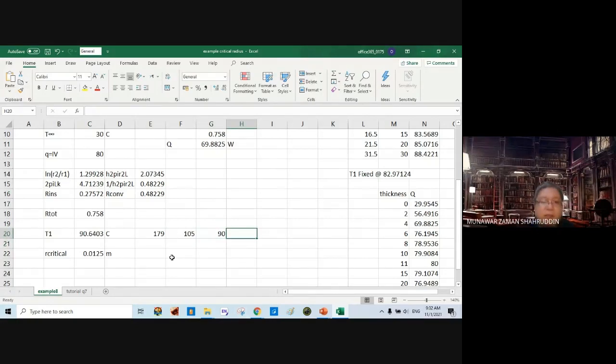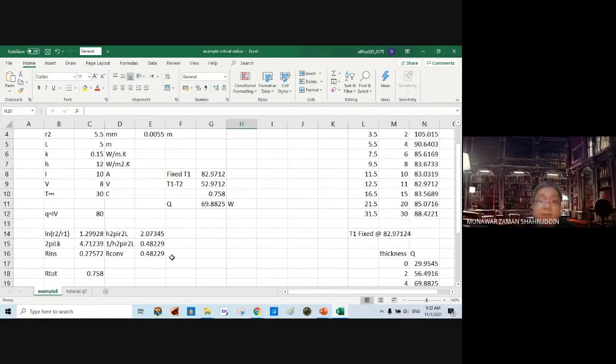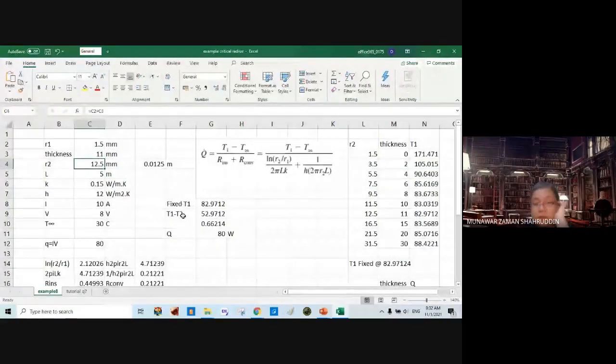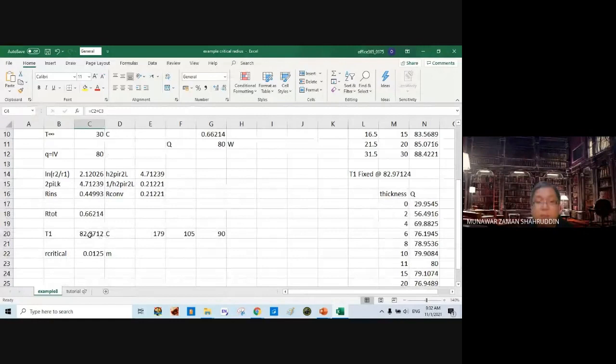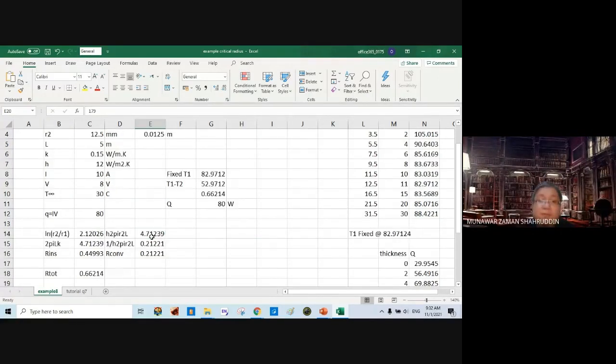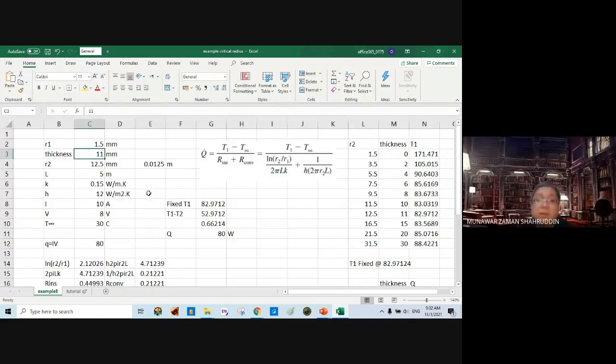And the maximum is 11, right? So we put 11. The maximum temperature reduction you can achieve is 82.97, from 179 just now. What happens if we further increase the thickness?